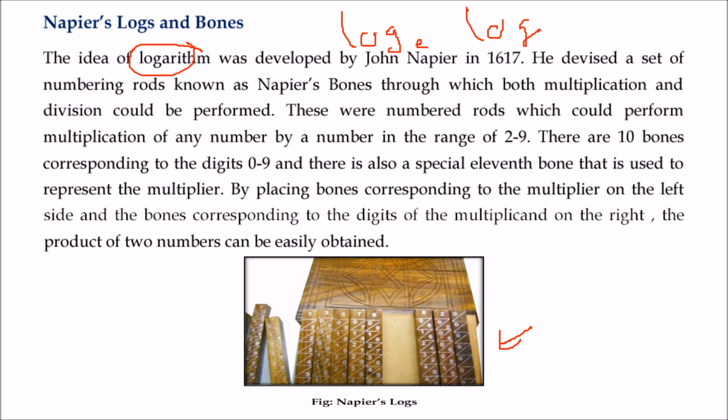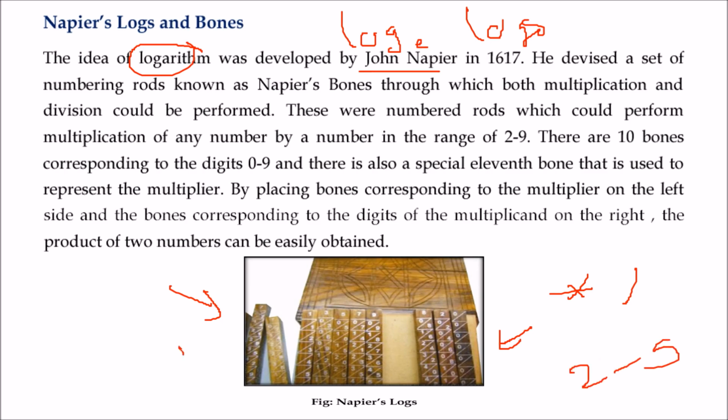Now Napier's logs and bones, as you can see here. The idea of logarithm, log e, log 10, was developed by John Napier. So he devised these numbering rods. We also call it Napier's bones, through which multiplication and division can be performed. These were numbered rods which can perform multiplication of any number by a number in the range of 2 to 9.